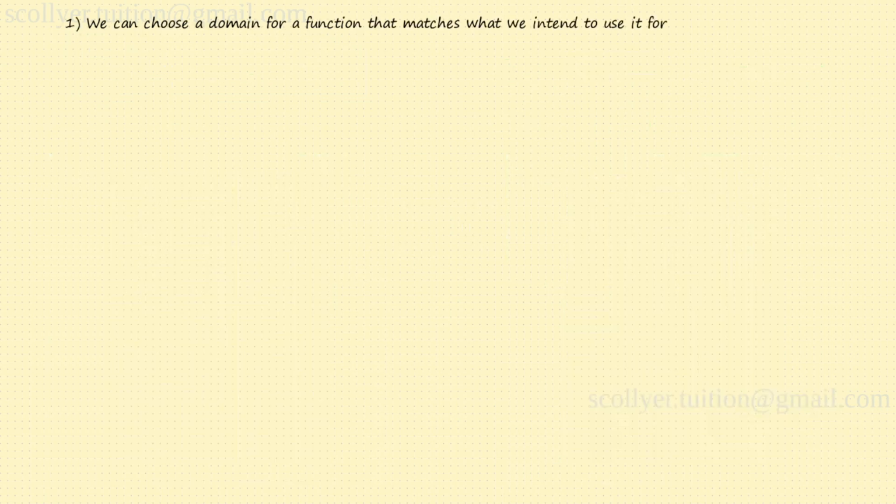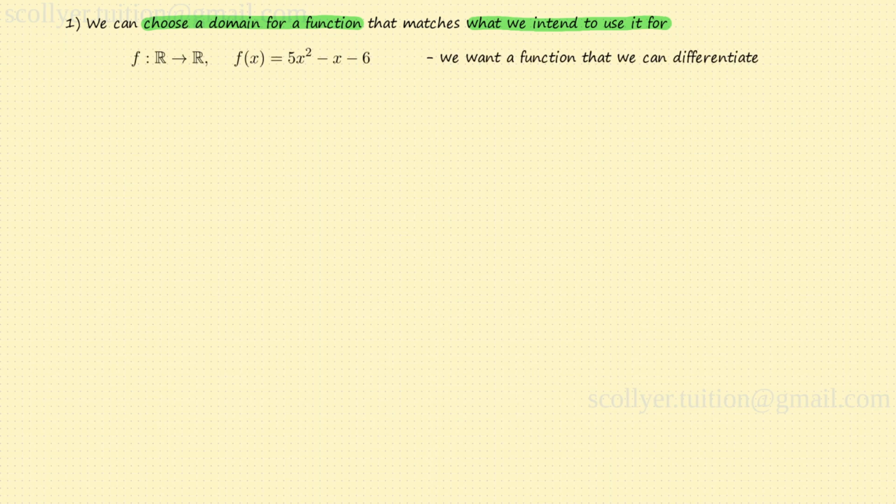And here are a few points of which you should be aware. First of all, we can choose a domain for a function, and often the choice of domain depends on what we intend to use it for. So for example, if we choose the domain to be all real numbers R, then that might be because we want a smooth function that we can differentiate.